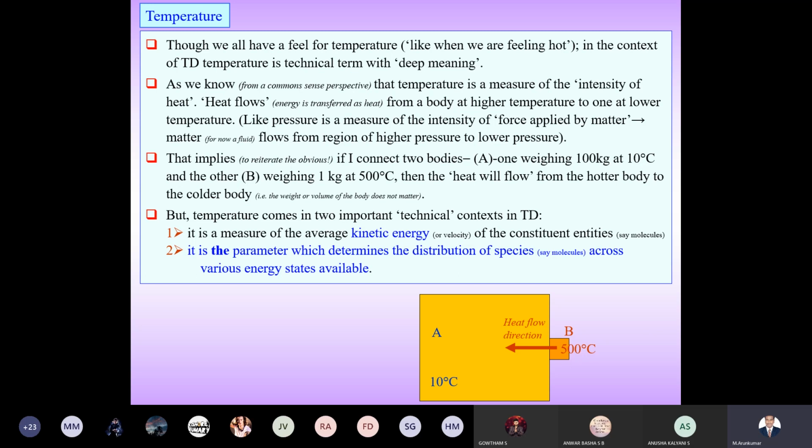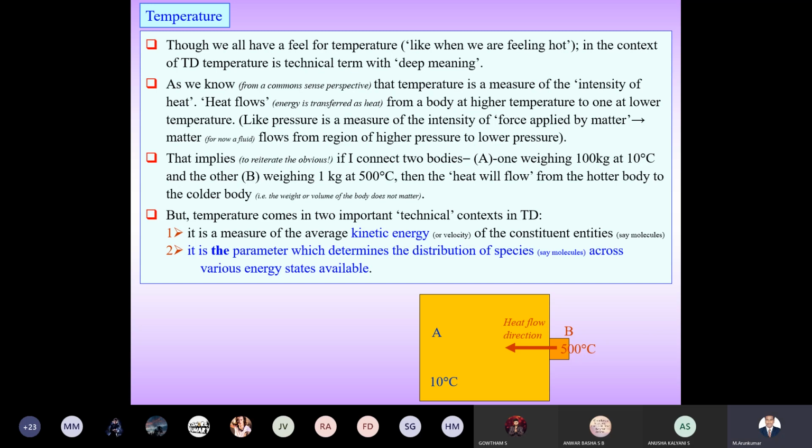This object A has more mass, 100 kg, and the temperature is only 10 degrees Celsius. But assume this figure B: mass is less, only 1 kg, but temperature is 500 degrees Celsius.